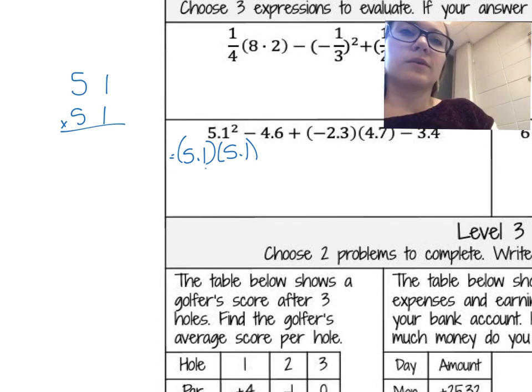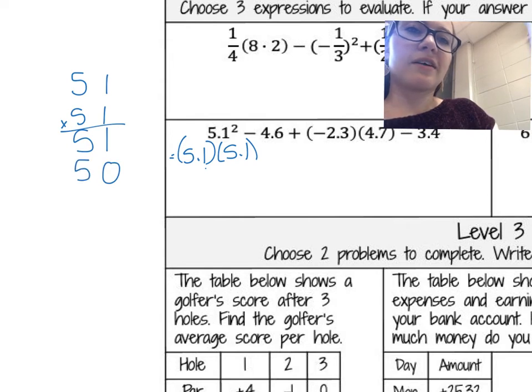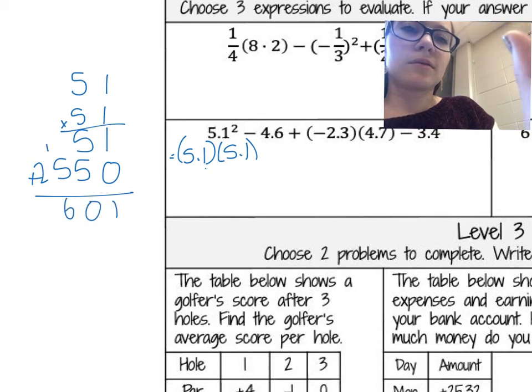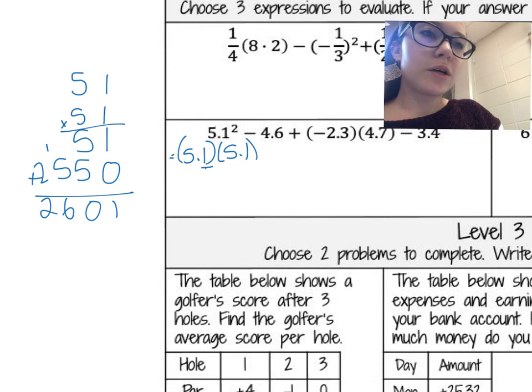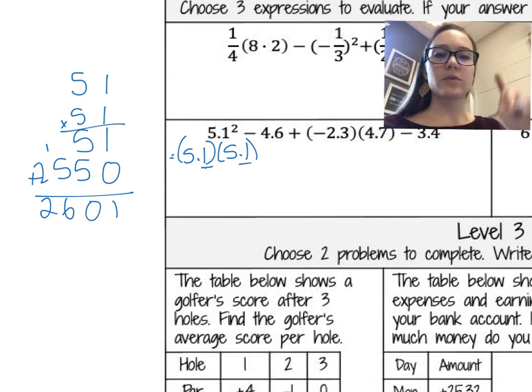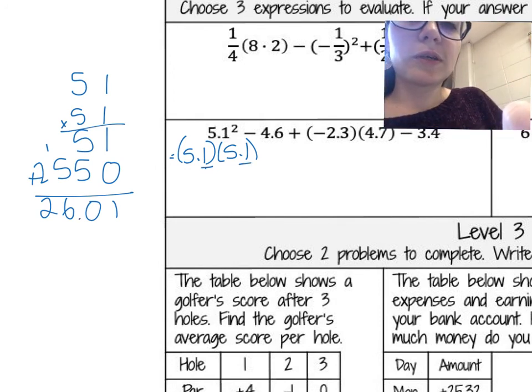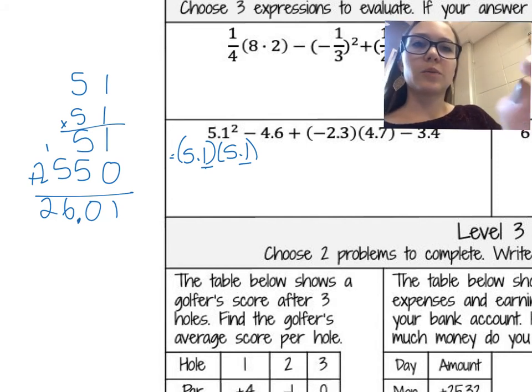Okay, so 1 times 1 is 1, 1 times 5 is 5, 0, 5 times 1 is 5, 5 times 5 is 25. Then we add, okay, 2601. Then there's 2 numbers after my decimal. That has to match in my multiplication problem. So 26.01.